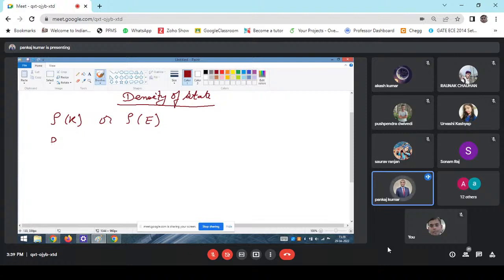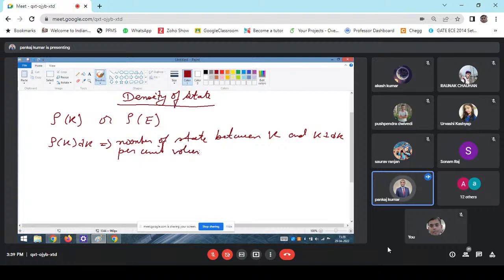So if you take rho k dk, that means the number of states between k and k plus dk per unit volume of the material.